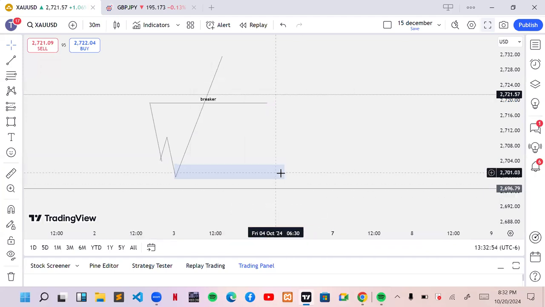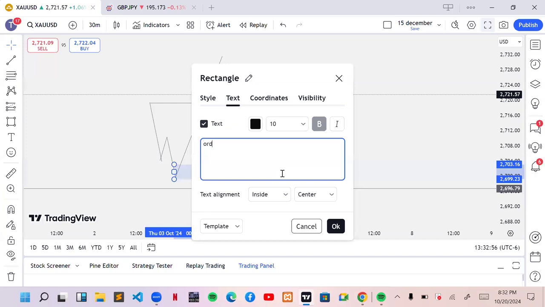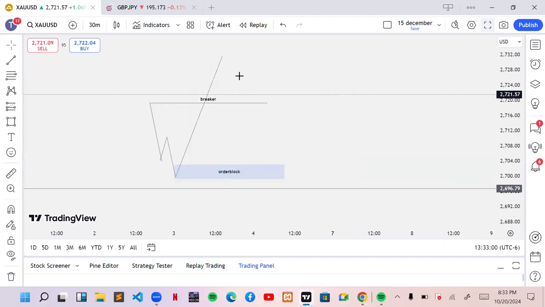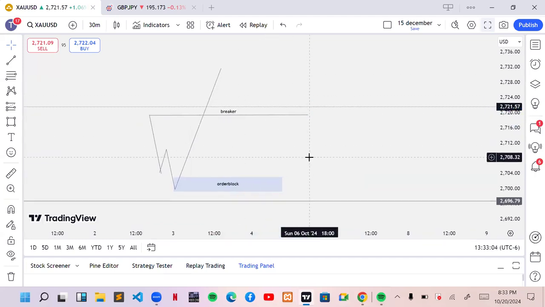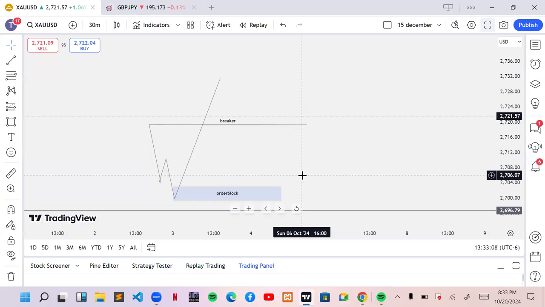And then this is your other block. Now, knowing when to use a breaker block or when to use an other block: use a breaker block when the first pullback that market makes did not mitigate that breaker block.